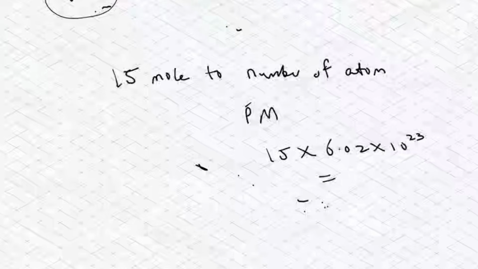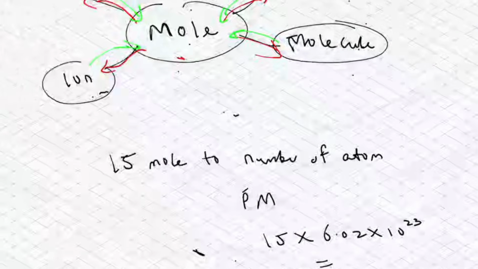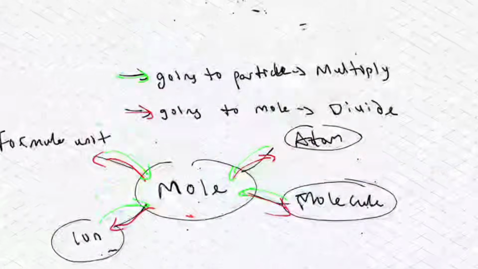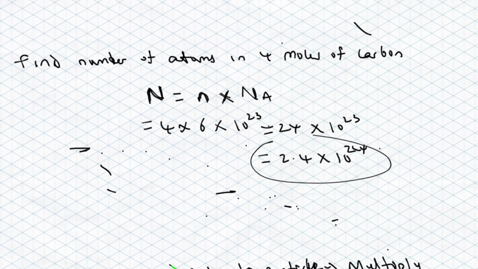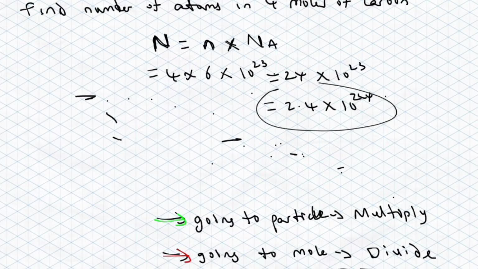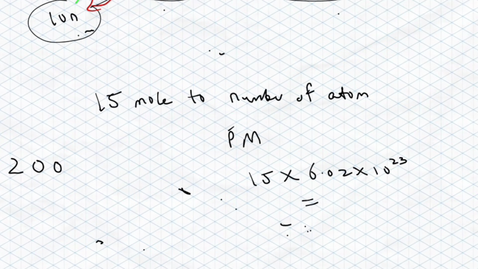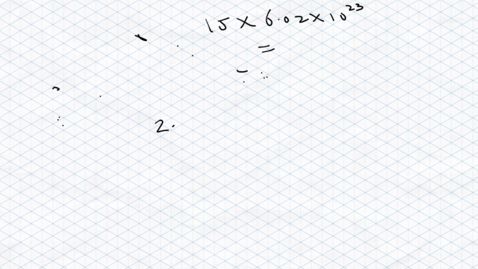when I'm converting out of mole. But if I'm converting to mole, what am I going to say? Let's say I'm asked how many mole is in 2.4 times 10 to the power 24 atoms?